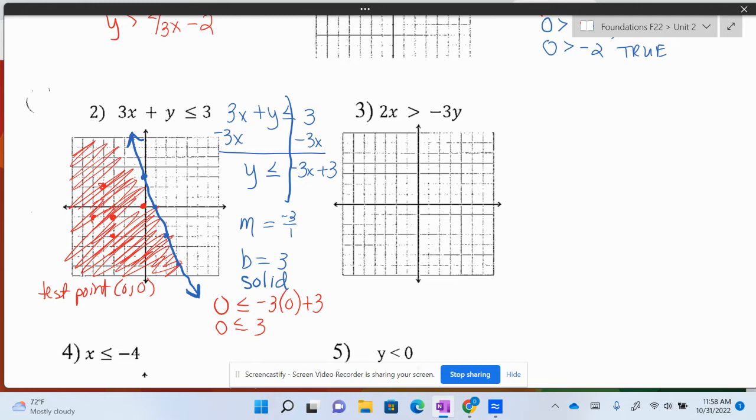All right. So here's this inequality: 2x is greater than negative 3y. We need to get the y on the left and the x on the right.